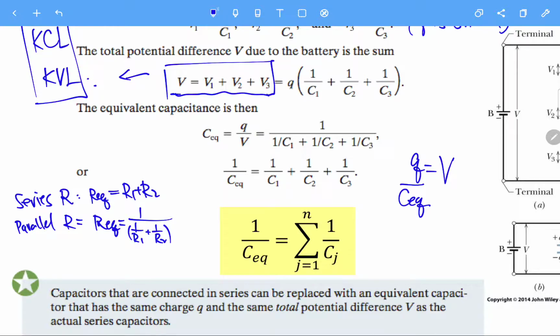So if you have only two, it will be nothing but R1 R2 over R1 plus R2. So this is for two resistors in series or parallel.